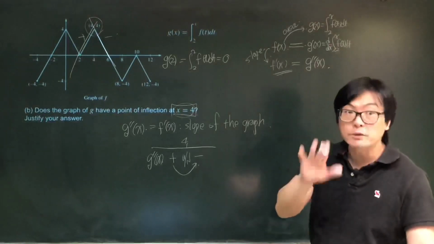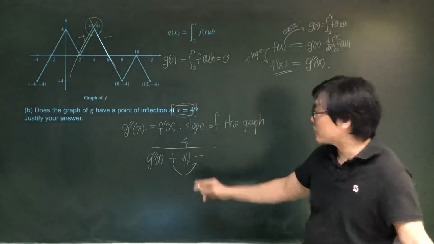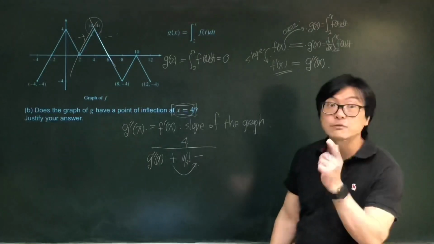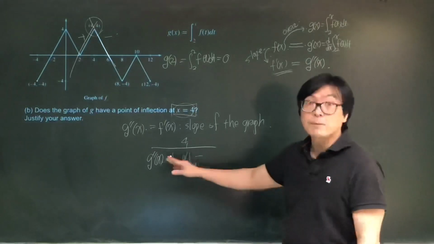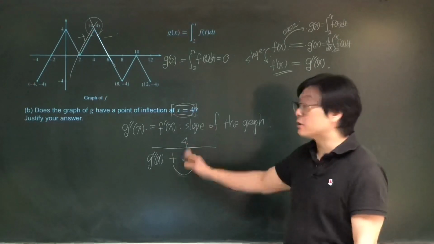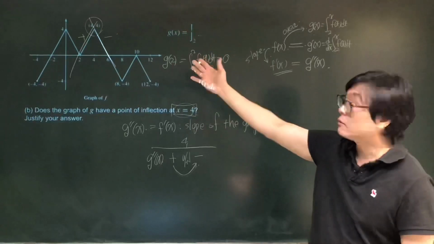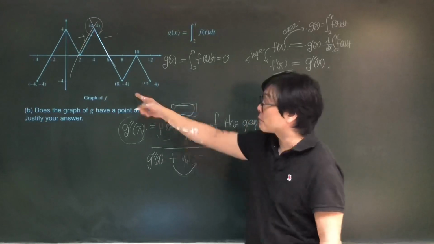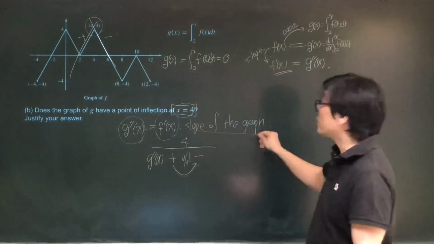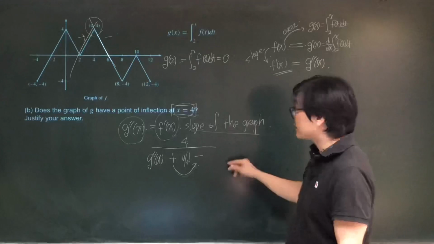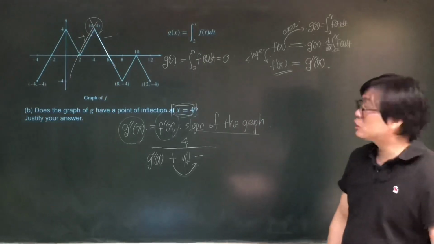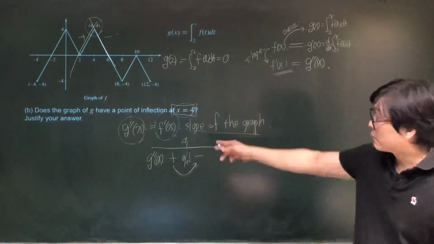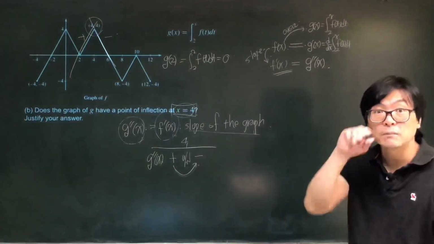The most important thing is not actually having 0 or undefined at this point, but that the sign of the G double prime value should flip from positive to negative or negative to positive near x equals 4. We just check it from this graph, because G double prime is the same as F prime, which is the slope of this curve. So yes, the graph of G has a point of inflection at x equals 4 because of this. That's the answer for B.